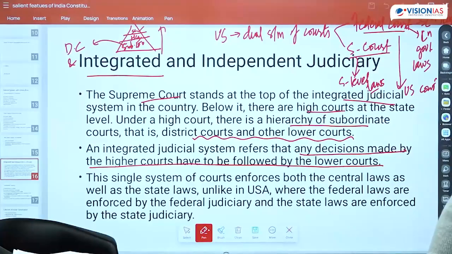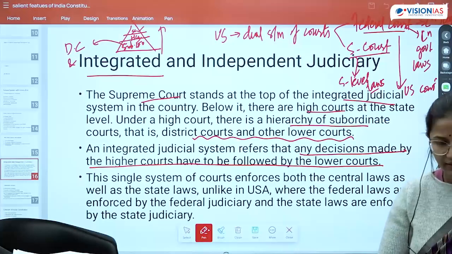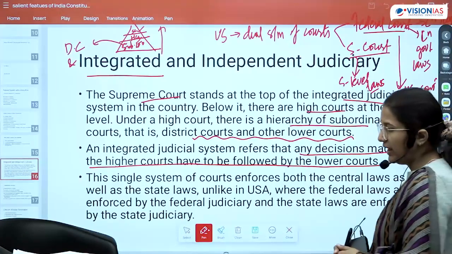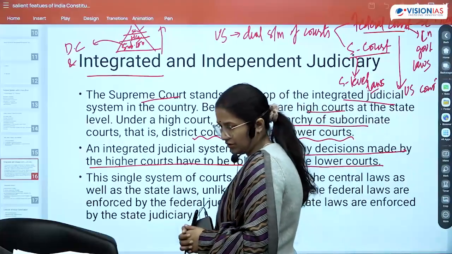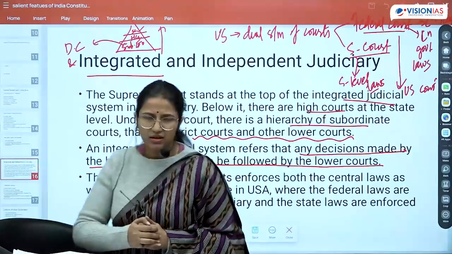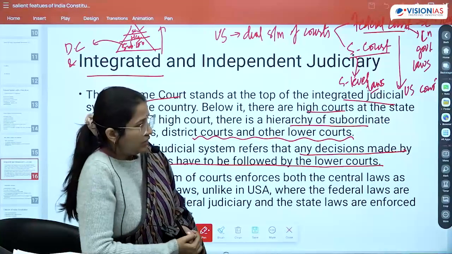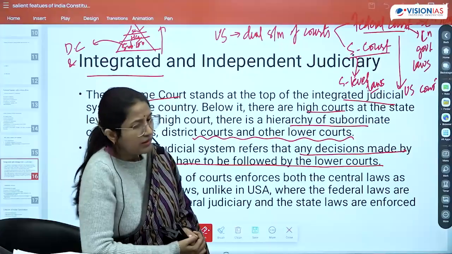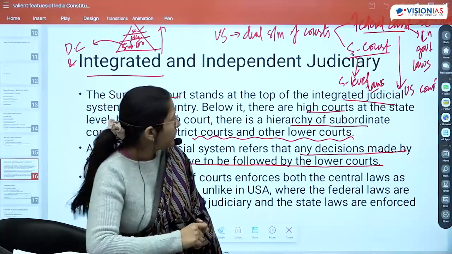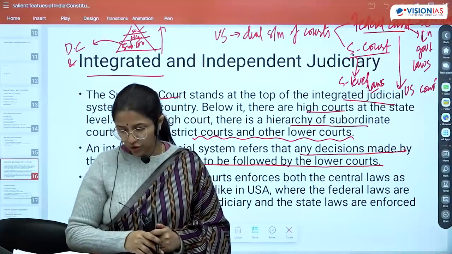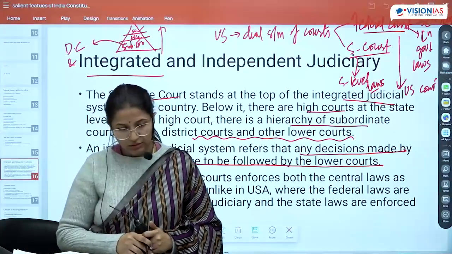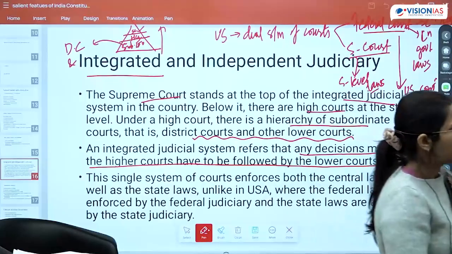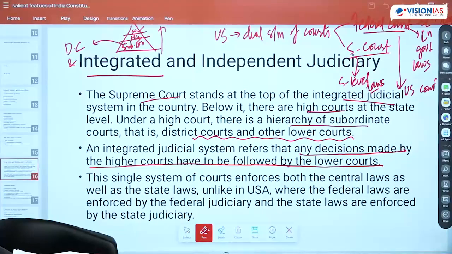US on the other hand has a dual system of courts. Dual या double system of courts. Dual या double, anything. Dual system of courts. Put a hyphen in subpoint: Federal court, which enforces the central laws.